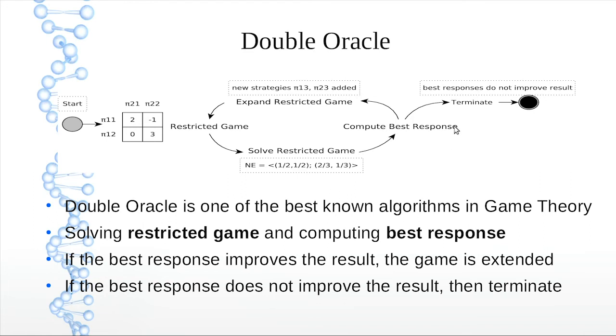When we do this, we try to compute a best response, or any response which improves the player strategy. And if we can, we just add that strategy or that plan into the restricted game, then we try to compute a best response for the other player, and we iterate until we are no longer able to improve the result.